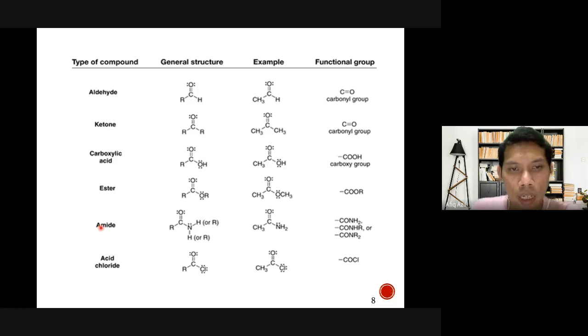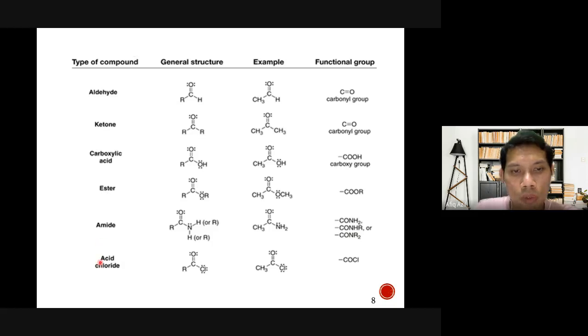And then in amide, from carboxylic acid here, the whole OH is going to be replaced with either NH2 or NHR, or in fact you can have NR2 as well. So the functional group depends. It can be C double bond O NH2, NHR, or C double bond O NR2.